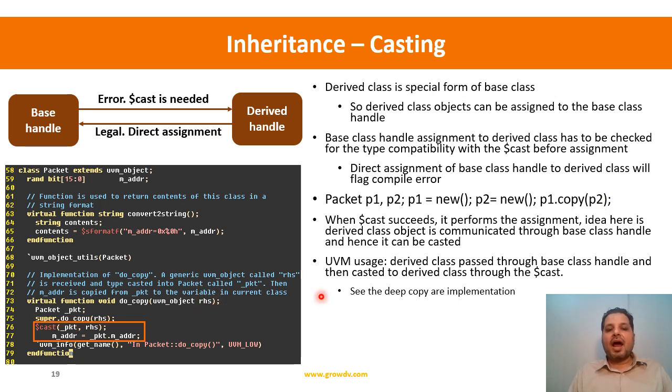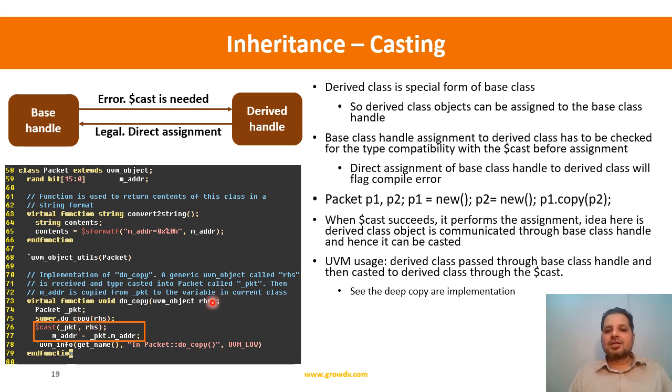Now my RHS will have all the fields. Let's say I have declared m_address in my derived class. This is an additional field that I have declared. That field is present because the storage is allocated, since I did P2 equal to new. I want to access it, but it is coming via a base class handle. So what do I need to do?